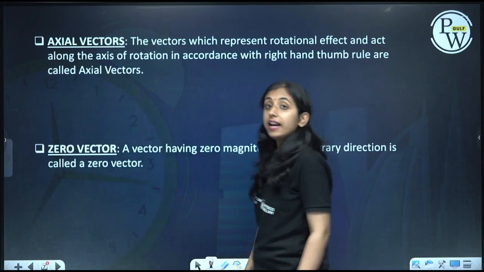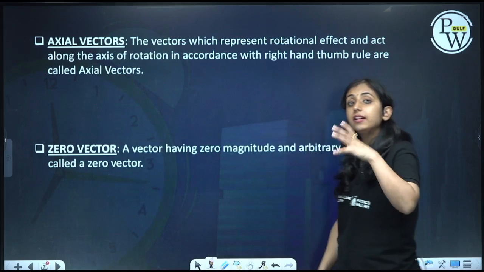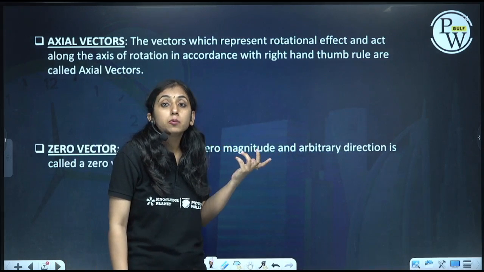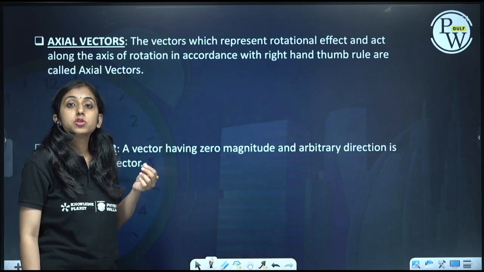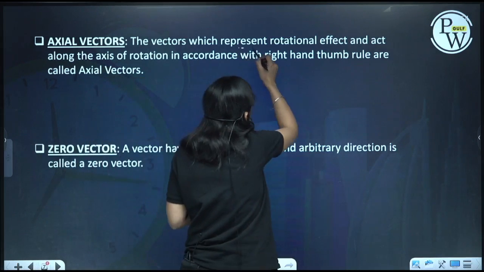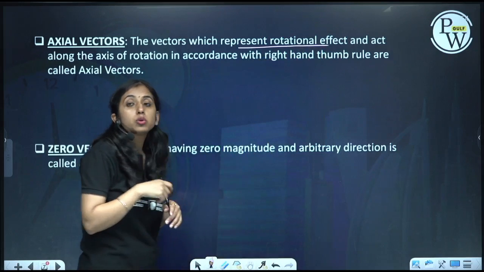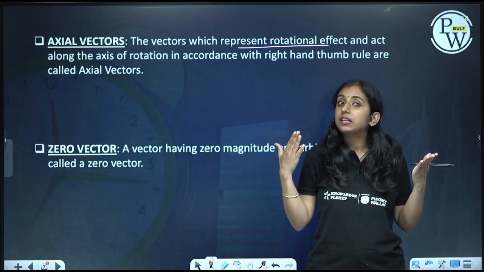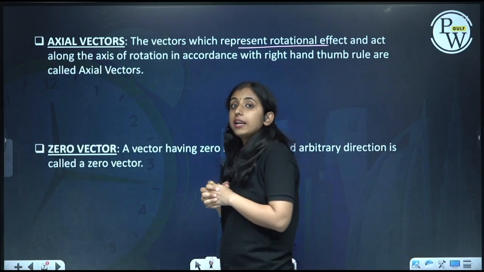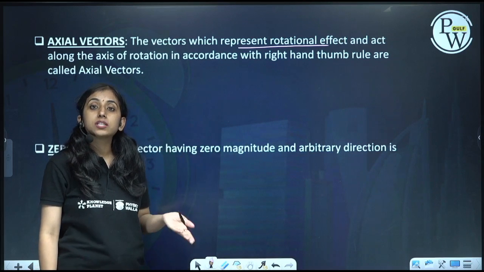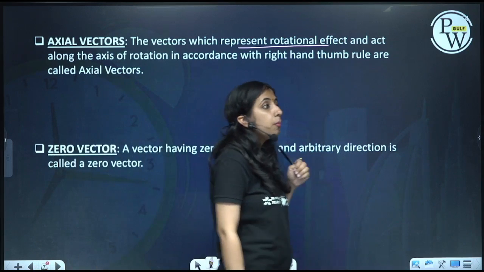See next, axial vectors. Now, polar vectors have a starting point or a point of application. Axial vectors are those vectors which act along the axis of rotation. We use these vectors to represent rotational effects. When we study rotational motion, we will come across quantities whose directions are along the axis of rotation, such as angular velocity or angular momentum.